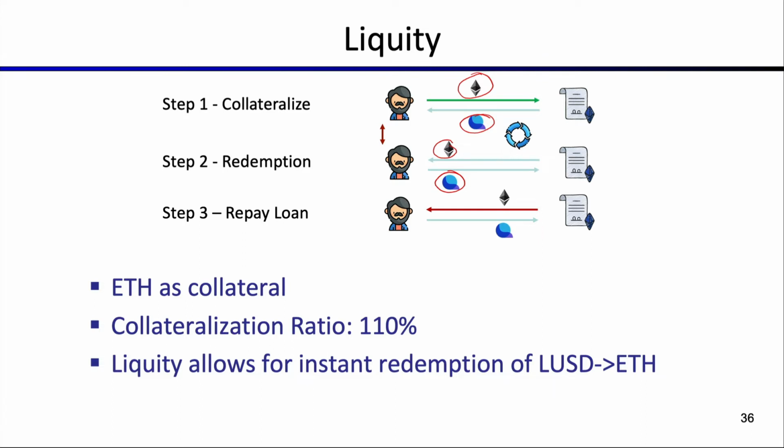What people have done, and why Liquity was and still is quite popular, is they could collateralize Ether. So you put Ether into the contract, you get LUSD. The LUSD you exchange on the secondary market back to Ether, which you then again collateralize. And this allows you to get increased exposure to Ether with naturally the associated risks that this entails.